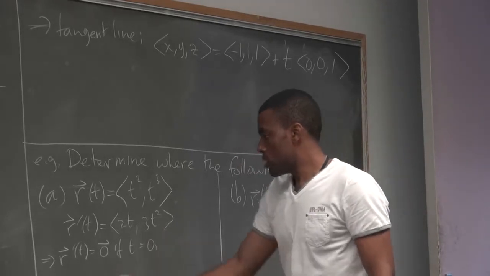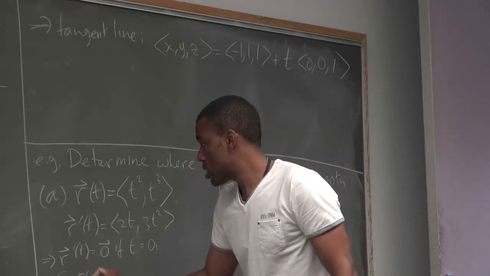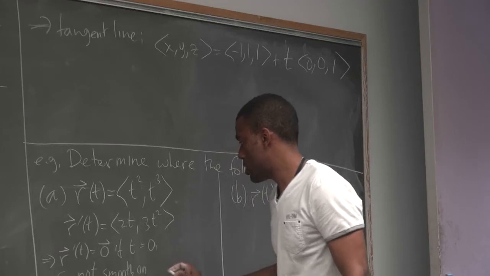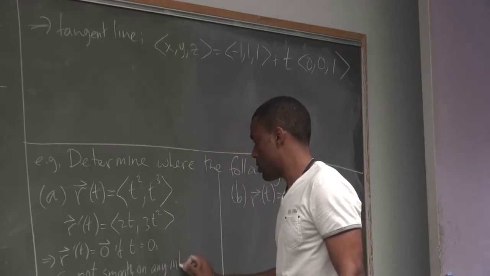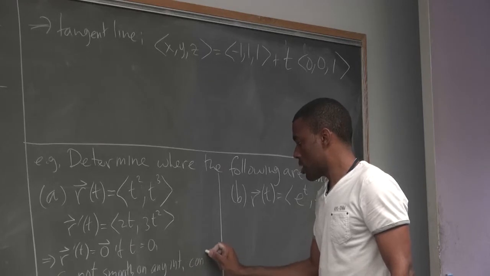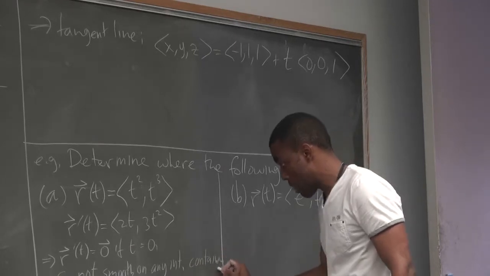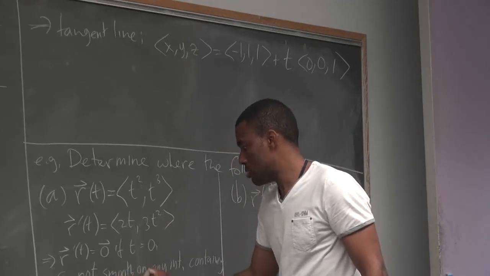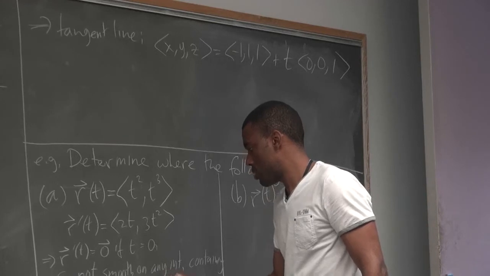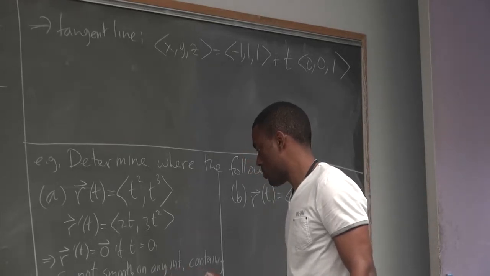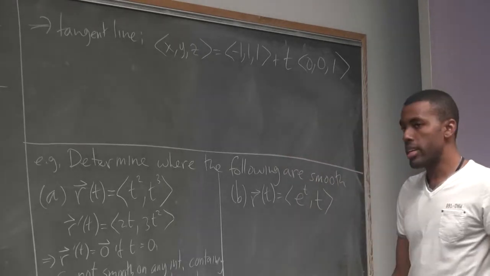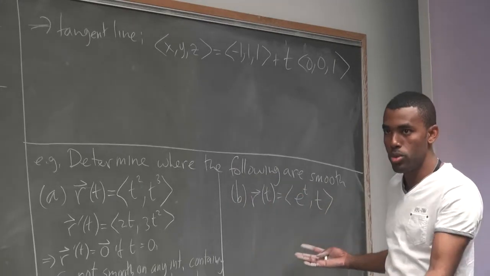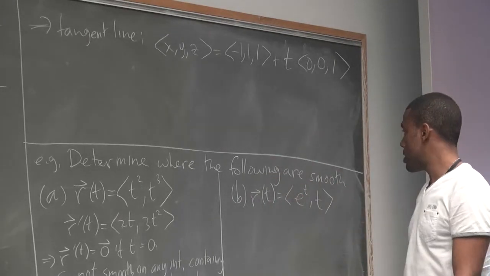So it's not smooth on any interval containing 0 as an interior point. 0 at the endpoints is fine. Any interval like from -1 to 1, we couldn't take that. It wouldn't be smooth there because there's going to be a sharp corner at 0.